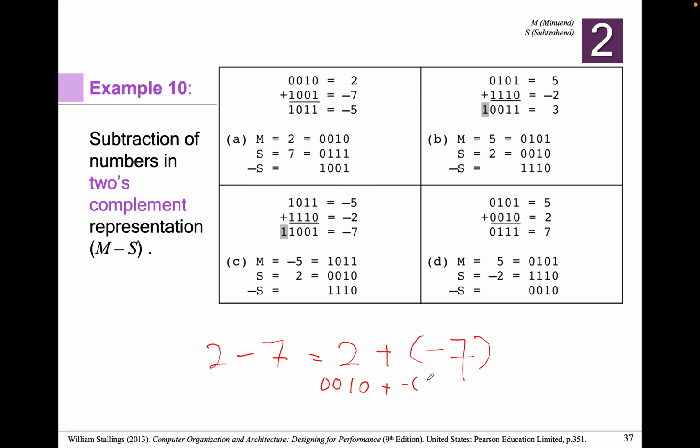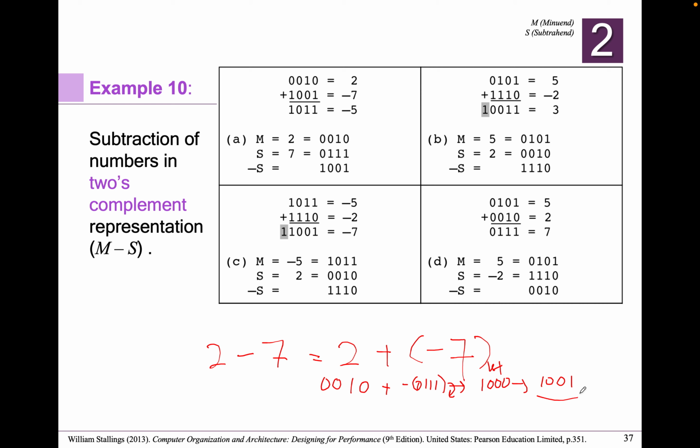We will get 4 2 1 0. This is the value of negative 7. Then we need to convert to second complement, right? So let's convert it first. 1000, and this is our first complement, and second complement will be 0001.